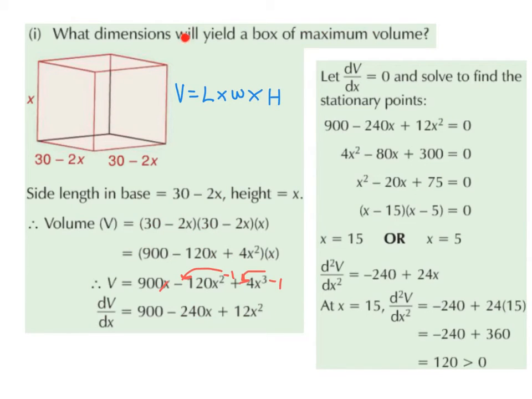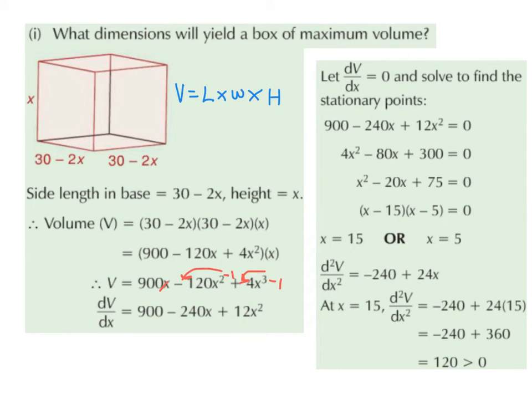So I was asked what dimensions will yield a box of maximum volume. The first thing I had to do was multiply the length by the width by the height to get the volume. And I got a volume of 900x minus 120x squared plus 4x cubed. And because I'm interested in the maximum volume, I had to differentiate. dv/dx would give me 900 minus 240x plus 12x squared.